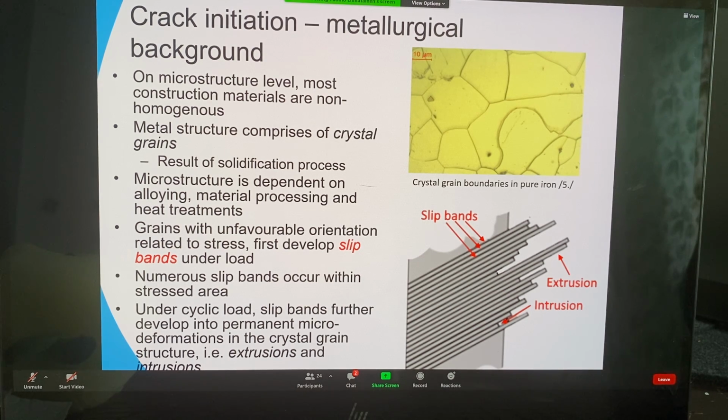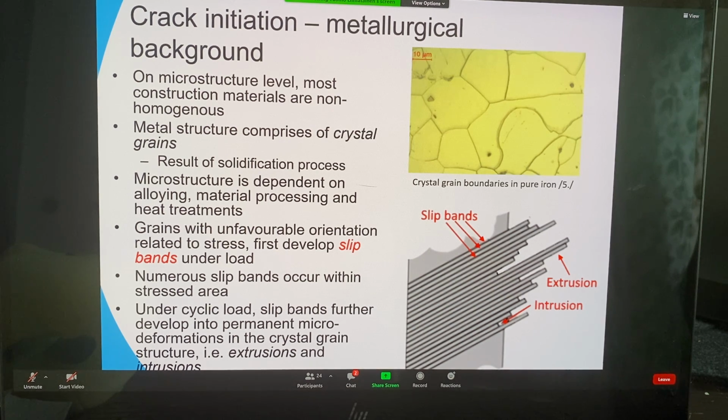If you do quenching and tempering for the steel, that will change the crystal grain structure within the material, and we can utilize that to gain, for example, a harder grain structure than it originally would have had.